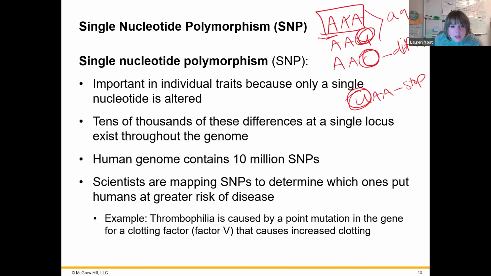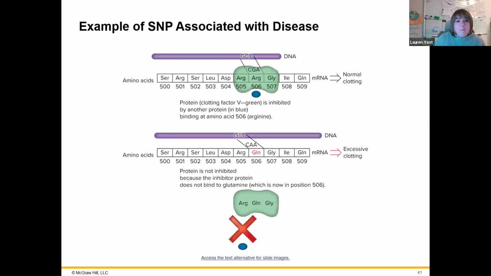So thrombophilia is this idea for a clotting factor where we would have excessive clotting, that we had one nucleotide change where it's normally going to be GCT, normal, what we call the normal functional version of that gene. Instead of GCT, it got changed to GTT.